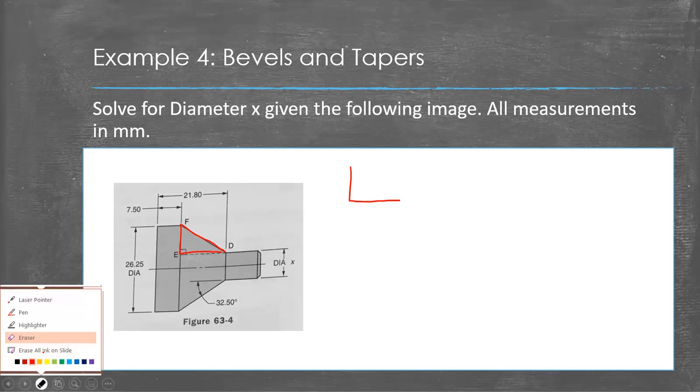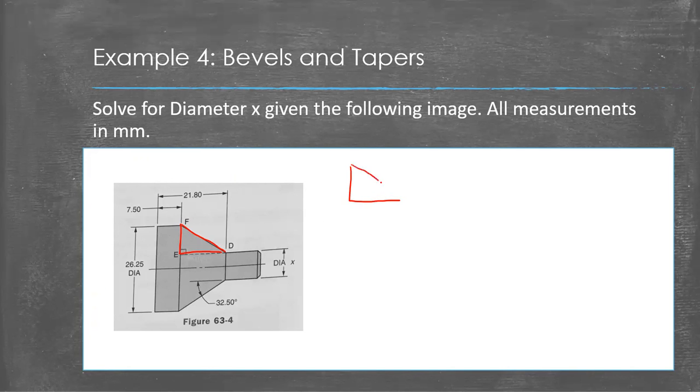We'll try again. There's got to be some tools to help with straight lines on these, but anyway. Okay, so we have our right triangle, and now we need to fill in some information. So we know the angle. The bevel angle over here is the same as the angle in our triangle. So this angle is 32.5 degrees.